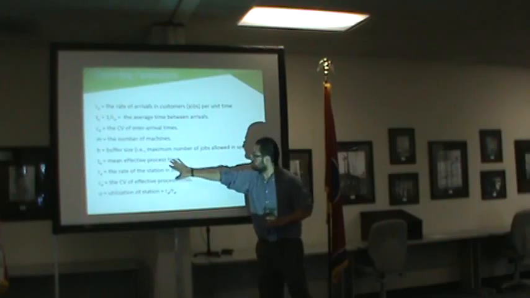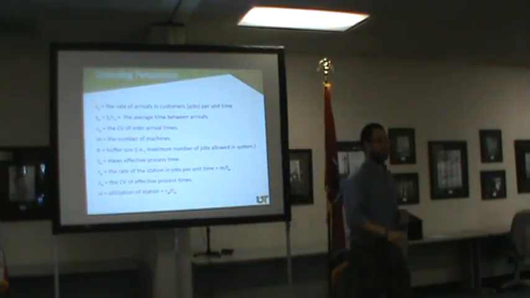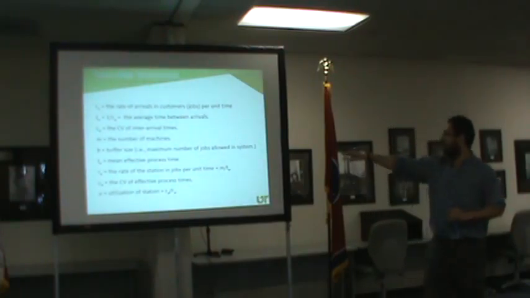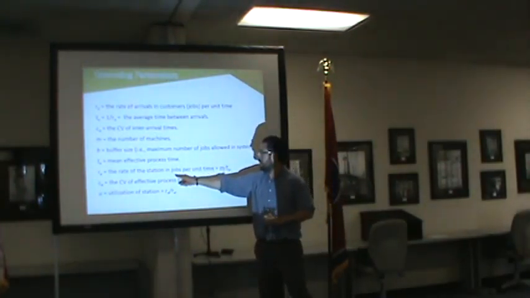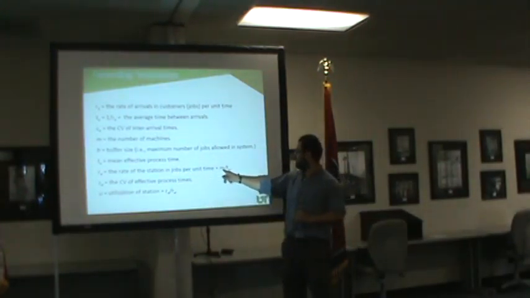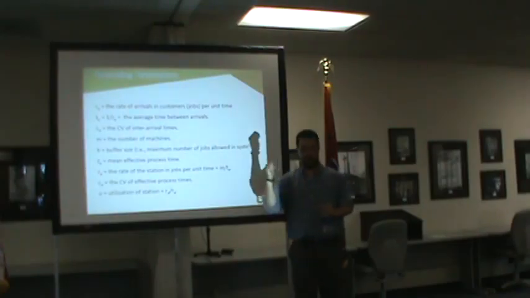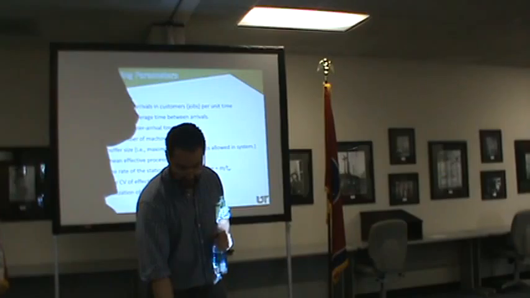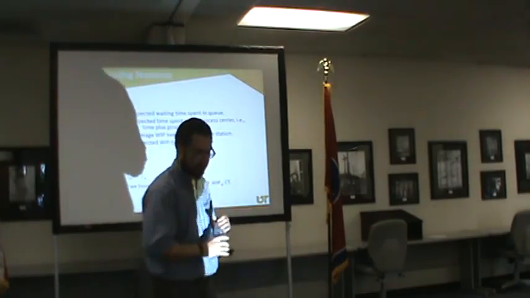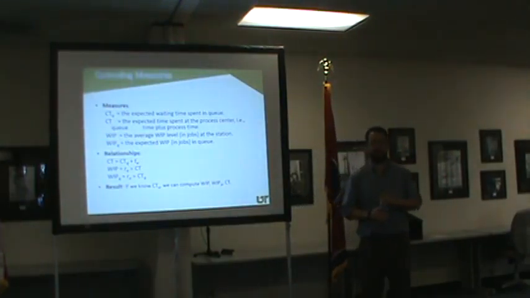And then these parameters here that explain the process. Same thing, right? Processing time, then rate of processing time, which is the inverse, and we can use the M, number of machines, and then coefficient of variation. And then the last concept that we introduced, which is the utilization. Okay? So, this is what we're going to be measuring.